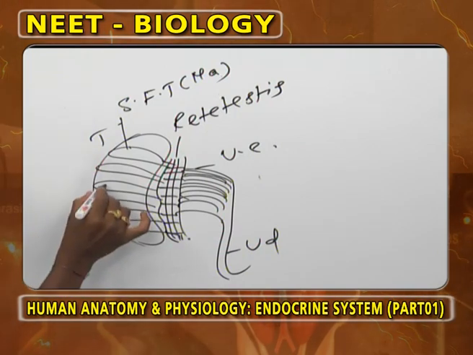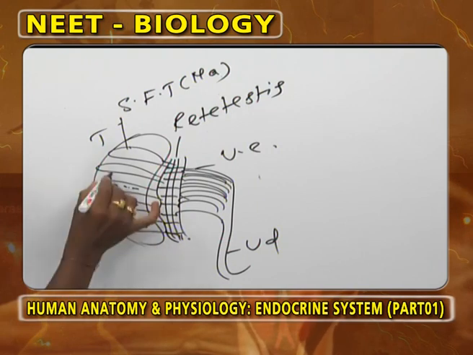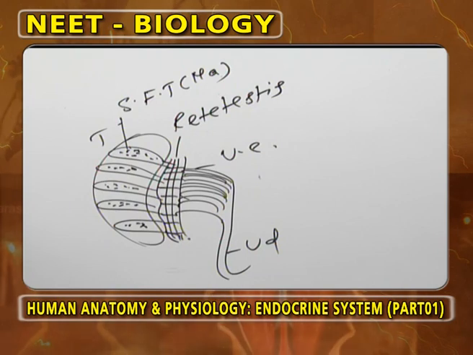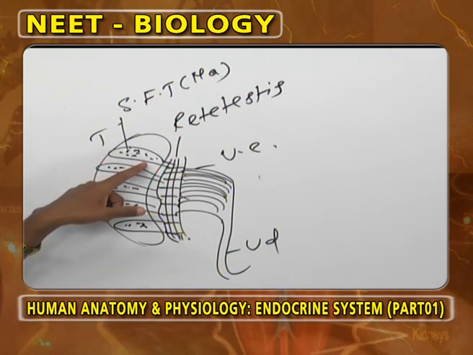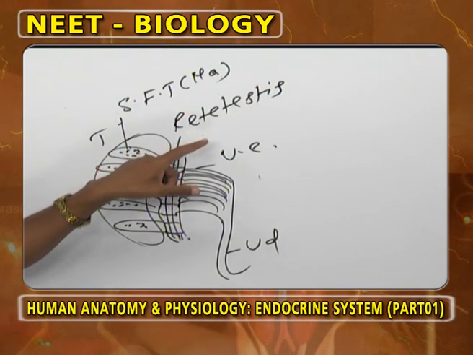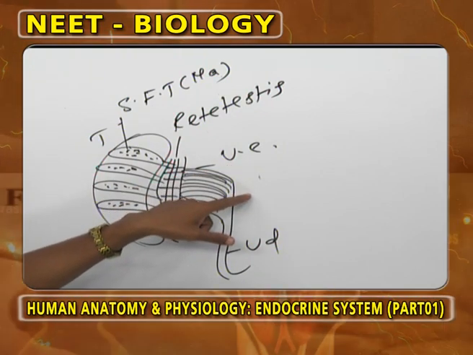Now, in the seminiferous tubules, what are going to develop? The sperms. Here the question asks, what is the passage of sperms? The sperms pass from seminiferous tubules, rete testis, vasa efferentia and epididymis.